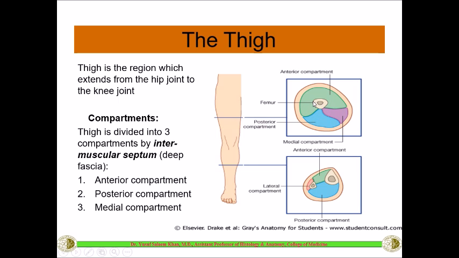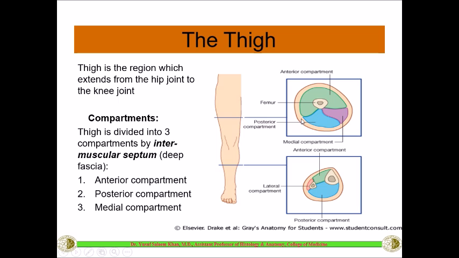So when we see the thigh, for the simplification of the study, we divide it into three compartments: the anterior compartment, the posterior compartment and the medial compartment. These compartments are separated by a modified deep fascia which invaginates in between the compartments.